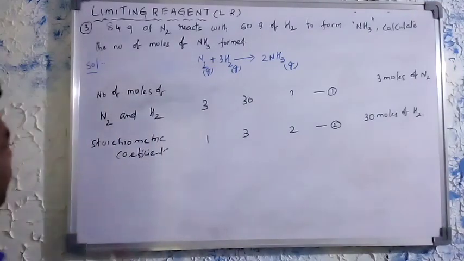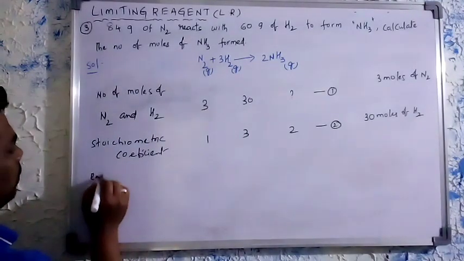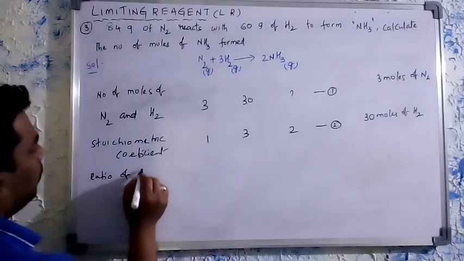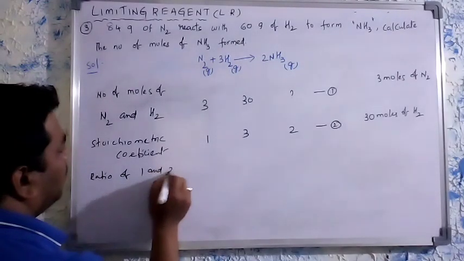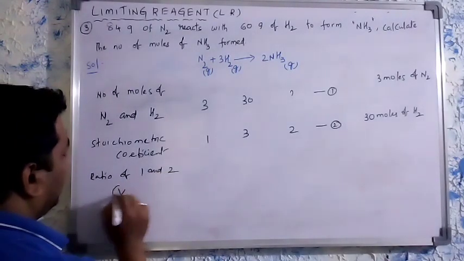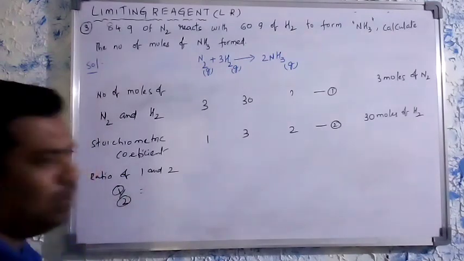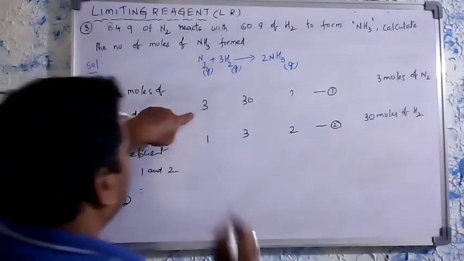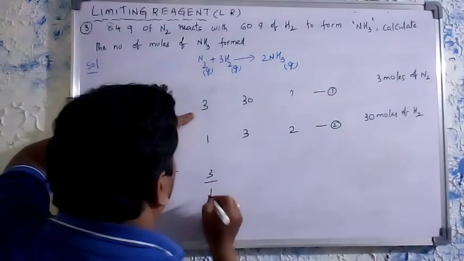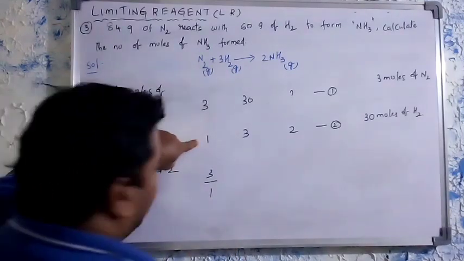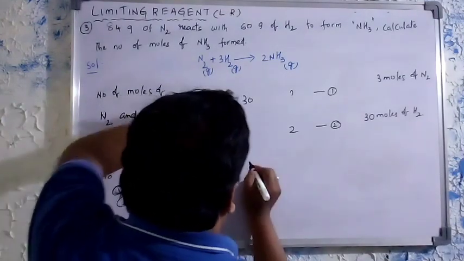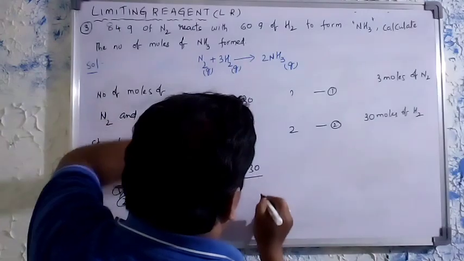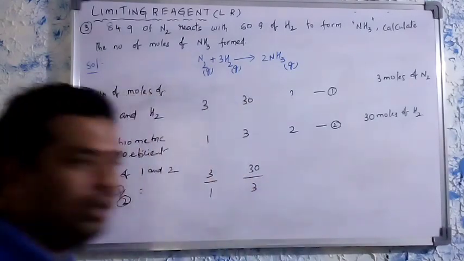So take the ratio of 1 and 2, that is 1 by 2. Here, number of moles divided by stoichiometric ratio: number of moles of nitrogen divided by 1 and number of moles of hydrogen divided by 3.